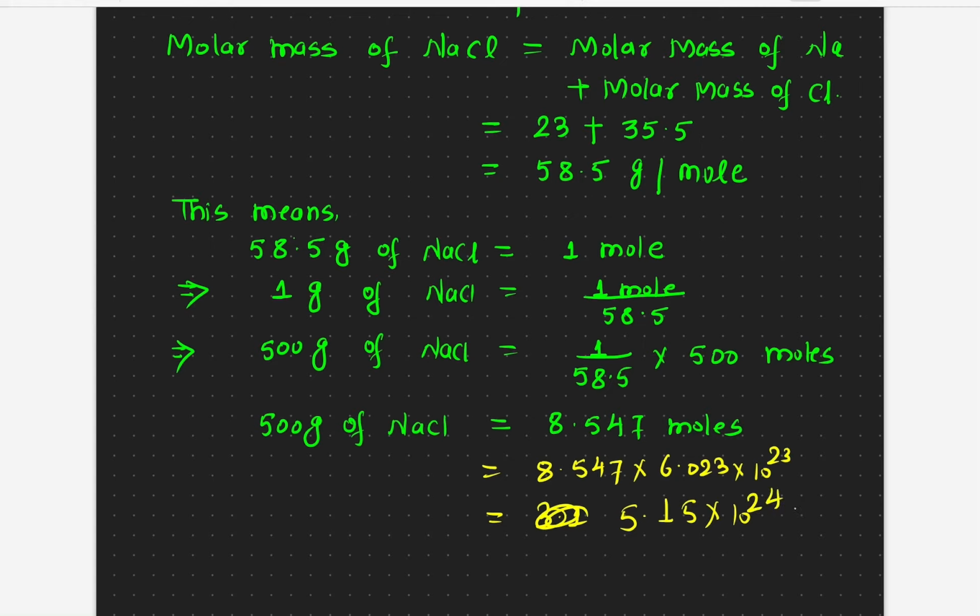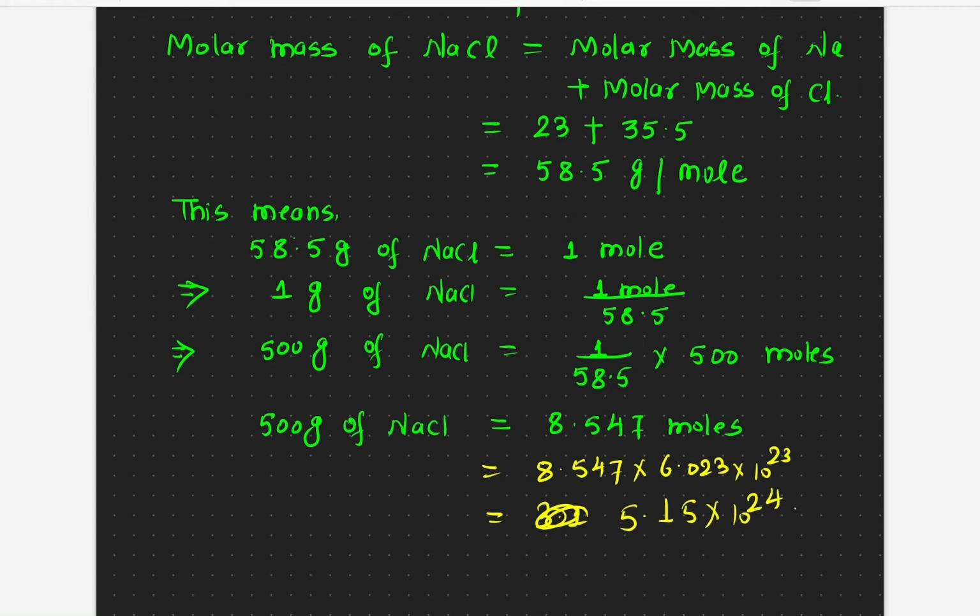So what does this mean now? Just an interpretation. If I have 500 gram of sodium chloride, the number of molecules it will have is this many molecules. Okay, so always think of the 1 mole in simple words. 1 mole of any substance, it doesn't matter, sodium chloride or even iron, hydrogen, anything.